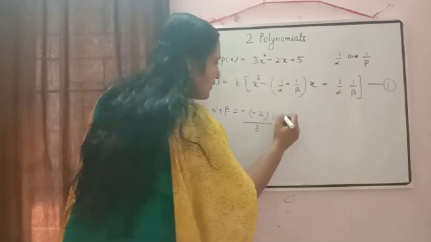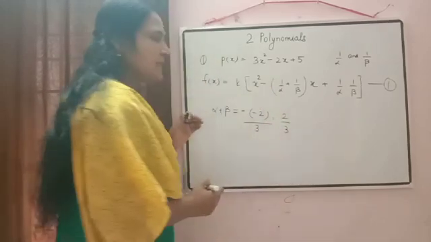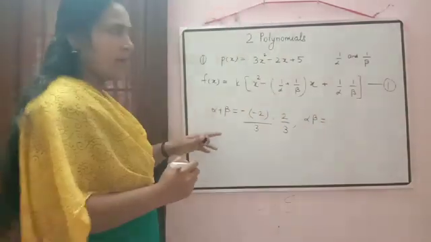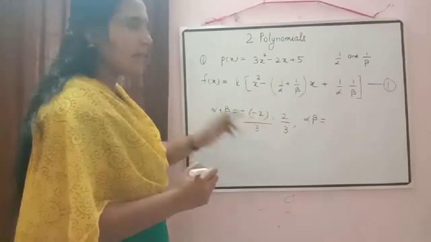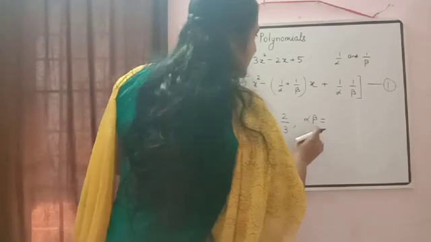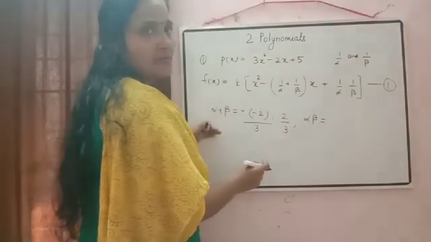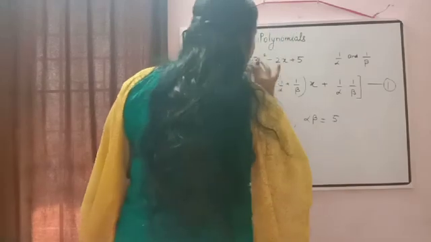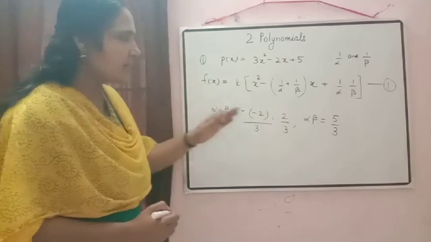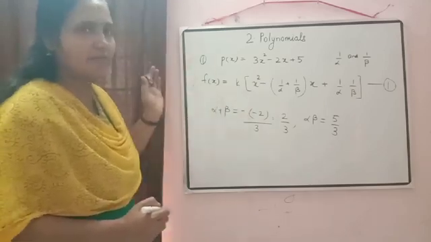So alpha plus beta is equal to 2 by 3. And alpha beta, product of the zeros, formula is c by a. The value of c is 5 and the value of a is 3, so alpha beta is equal to 5 by 3. So these are the two pieces of information which we got from here.